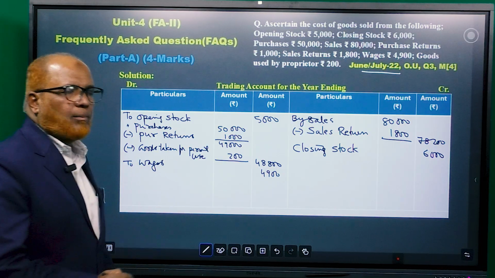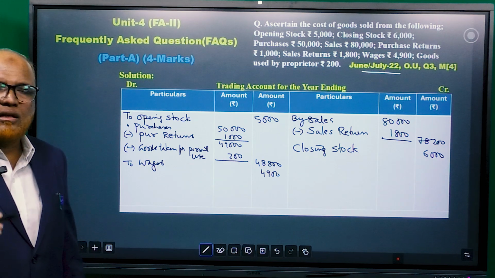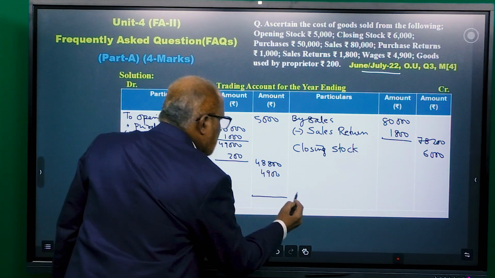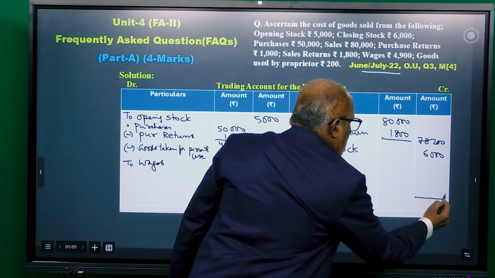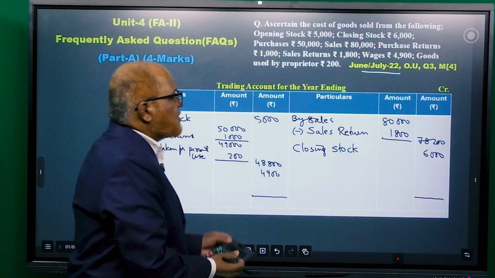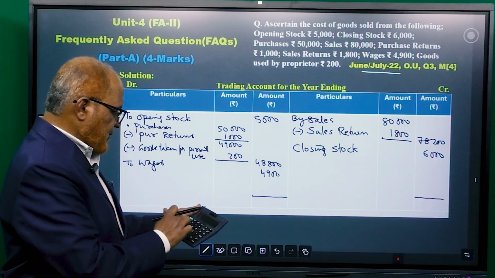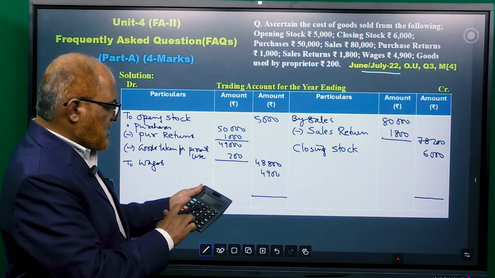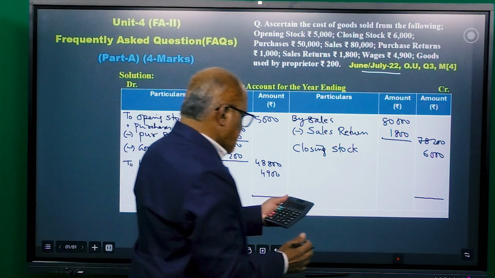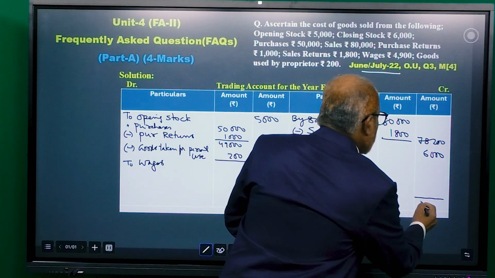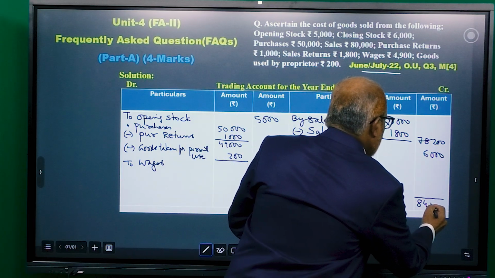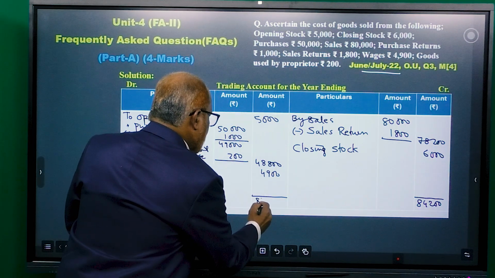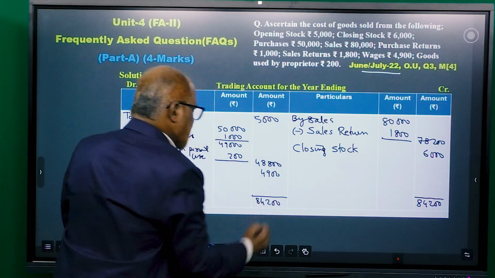Now we'll find out the balancing figure, and that is the gross profit. So here I am taking the total. The total on the credit side, it is 78,200 plus 6,000. It comes to 84,200. 84,200 on both the sides.